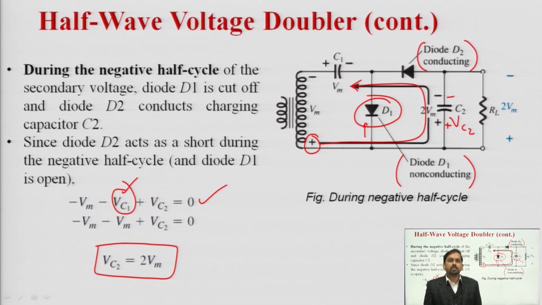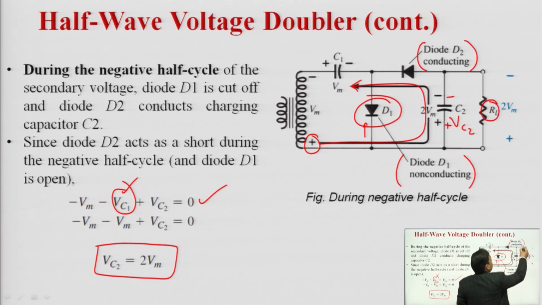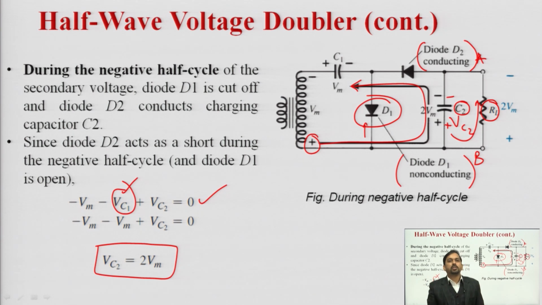Now if we connect a load resistance, let us say RL, to these terminals, let us say this is A and this is B, this capacitor C2 will provide a voltage to the load resistance RL, and that value will be equal to 2 times Vm.